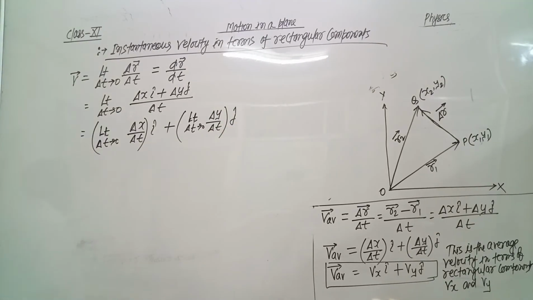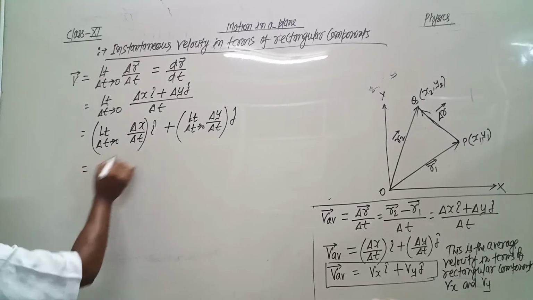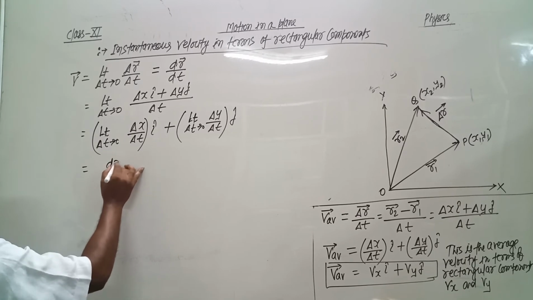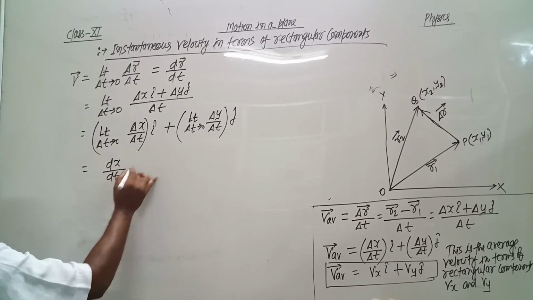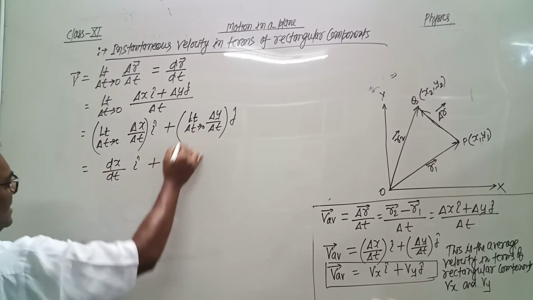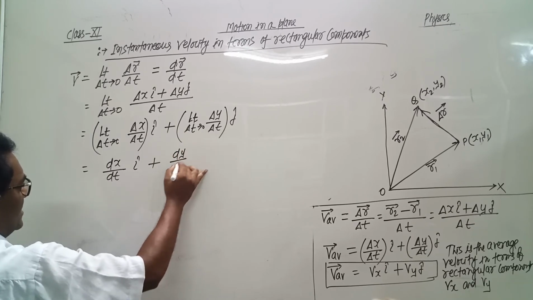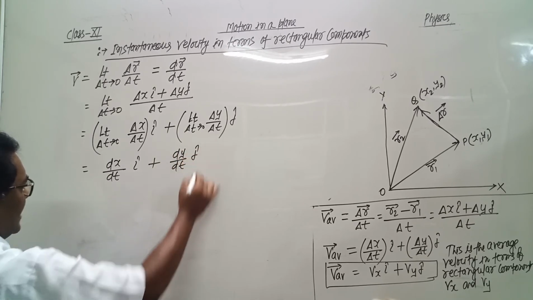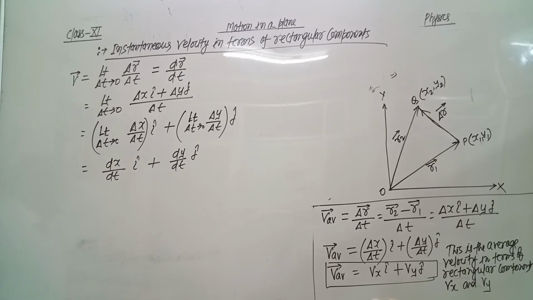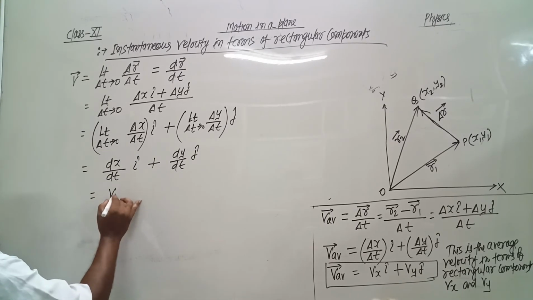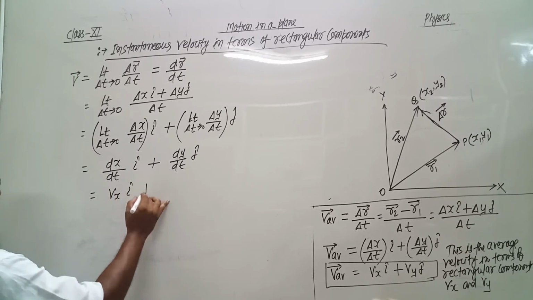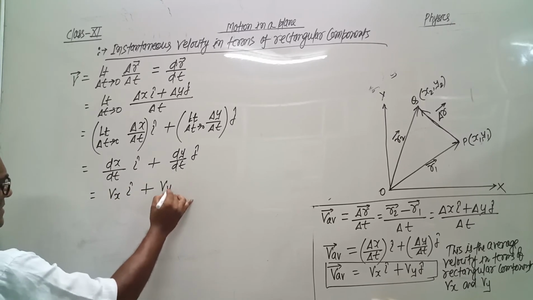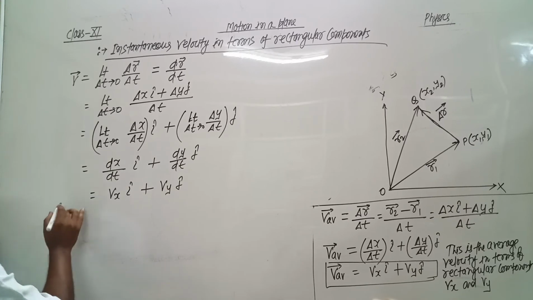And we know limit delta t tends to 0 delta x by delta t is written as dx by dt i cap, plus dy by dt j cap, and dx by dt is given by vx i cap and dy by dt is given as vy j cap.